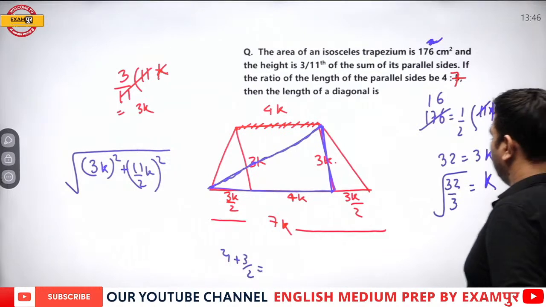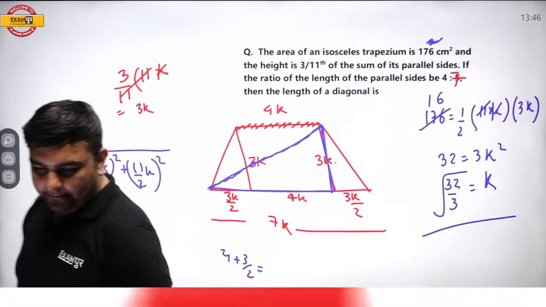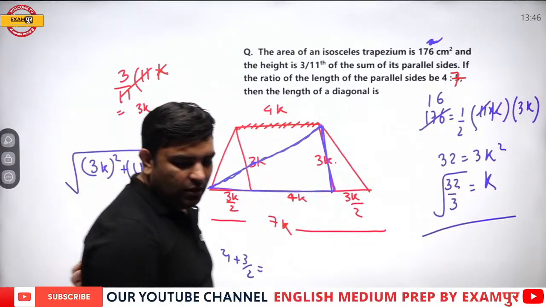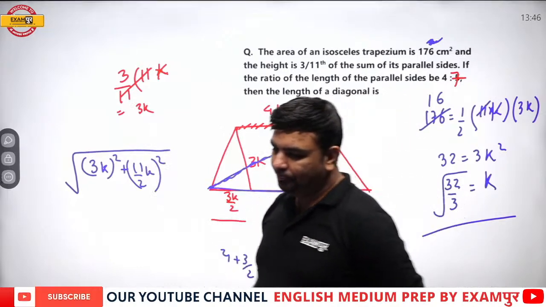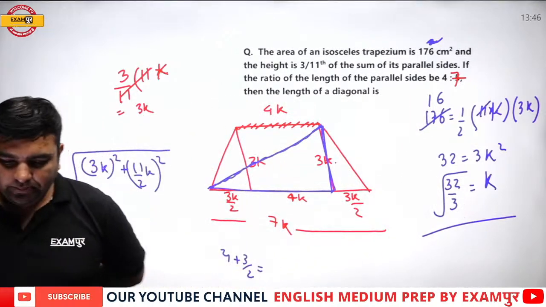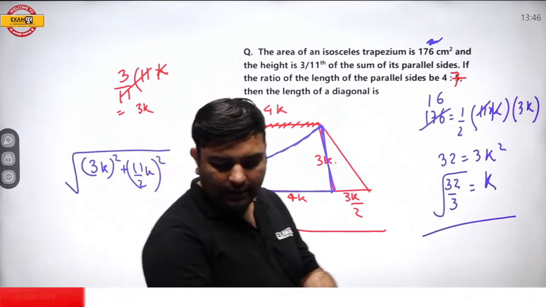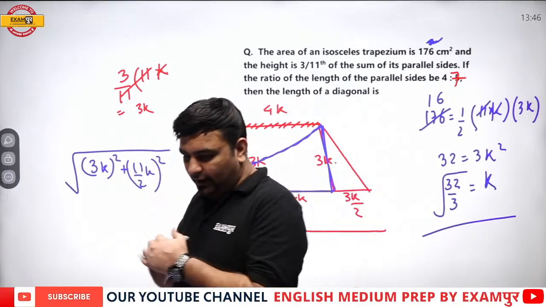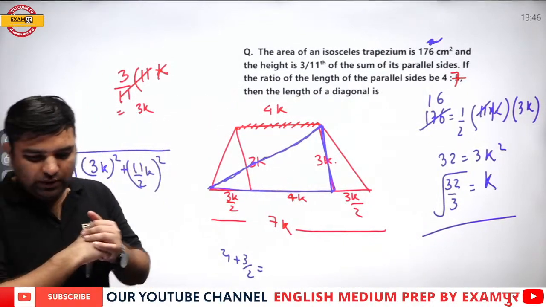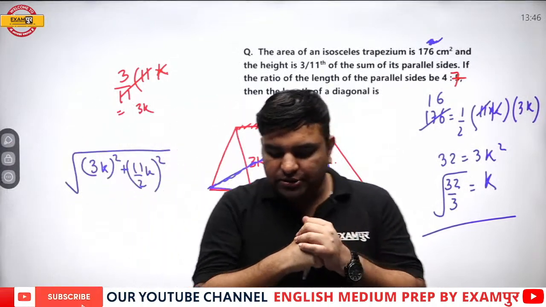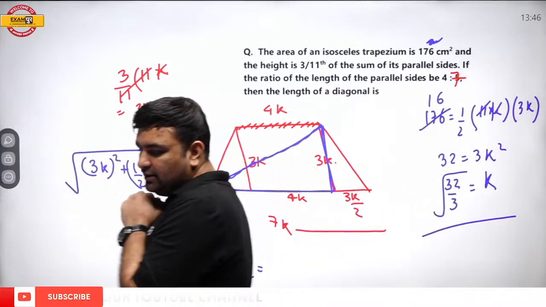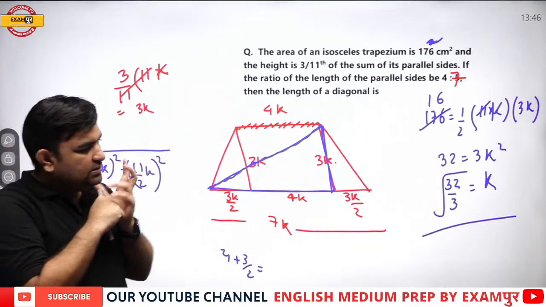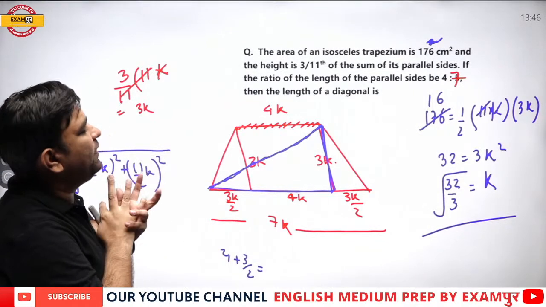No worries. I have changed the values. Only the concept was important. Clear? I will take the exact questions based on them as well. Generally, it will come out to be a perfect square.